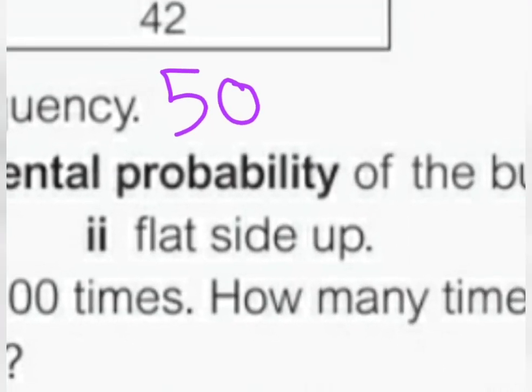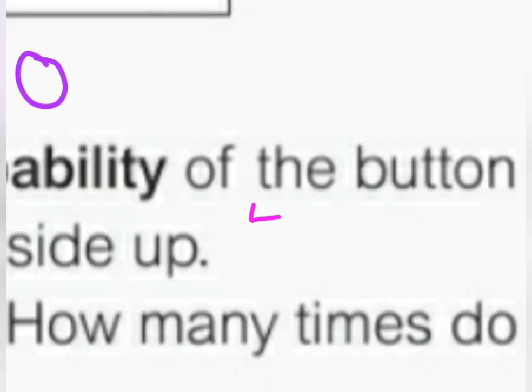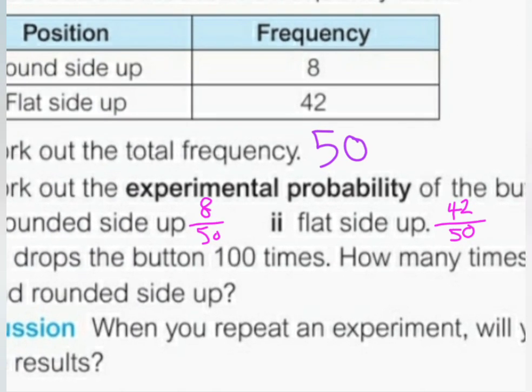It's going to be 8 over 50. And the next one, flat side up, is going to be 42 over 50. So basically, we just take the frequency and divide it by the total number. That's it, to get the experimental probability. It's like getting the relative frequency of that event.